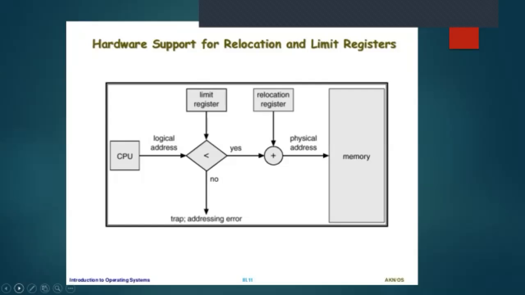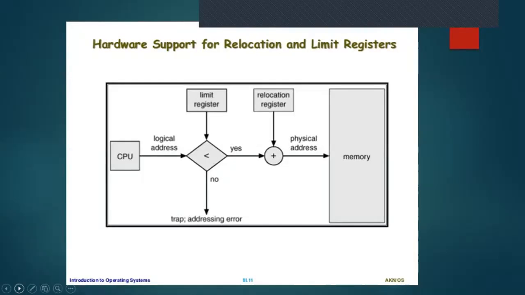Hardware support for relocation and limit register. What is relocation register and what is a limit register? Does anyone have any idea? The relocation register is used to protect user processes from each other and from changing operating system code and data.